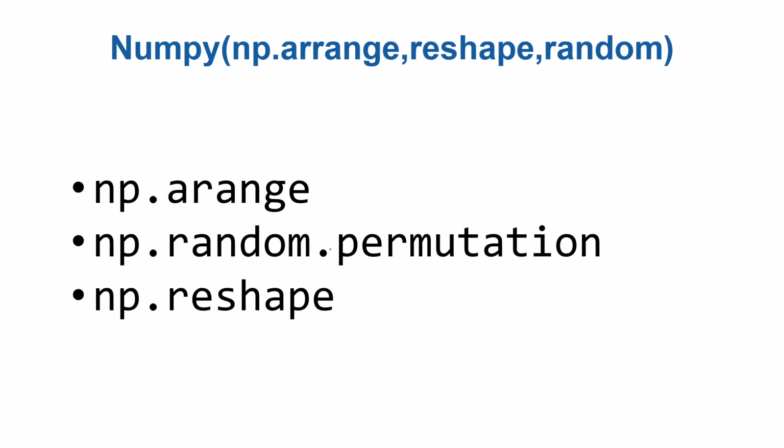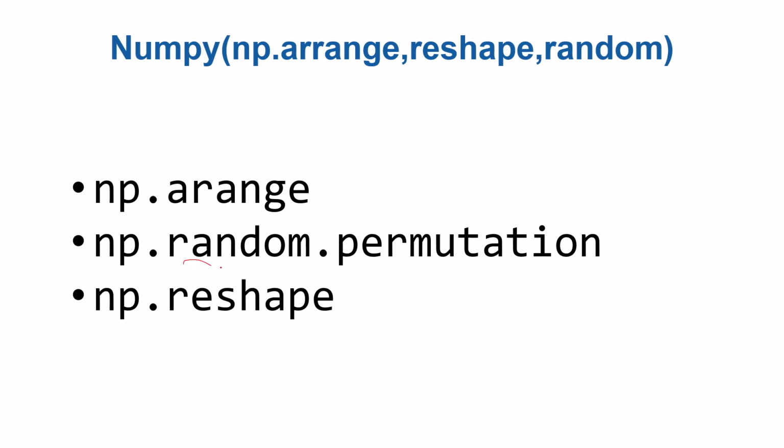Further, we saw the permutation function in the np.random package, and we saw that if an array is applied to this permutation function, it shuffles all the elements of that array in a completely random way.